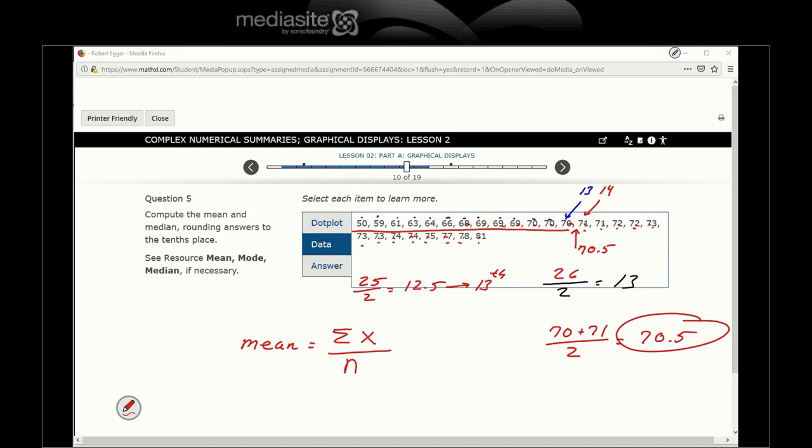In this case, some number divided by 26. So take a few minutes, add them up, and see what you get. So put me on pause, add them up.